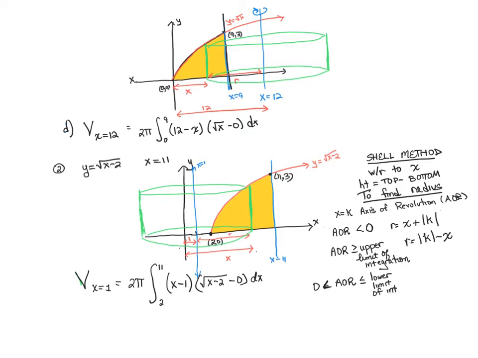And we saw that in this case, the radius is equal to x minus the absolute value of k. However, I think it's just as easy just to sketch the axis of revolution, see where it's located, identify the distance x and the distance of the axis of revolution to the y-axis, and it's very easy to figure out the radius of the shell.